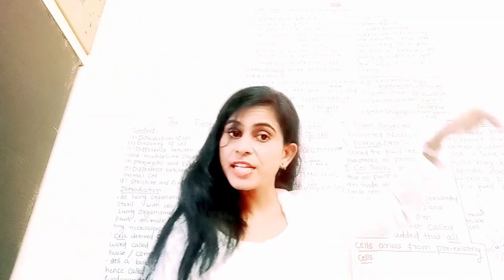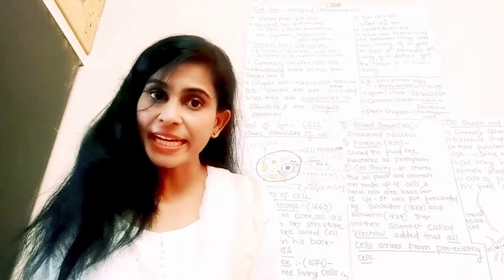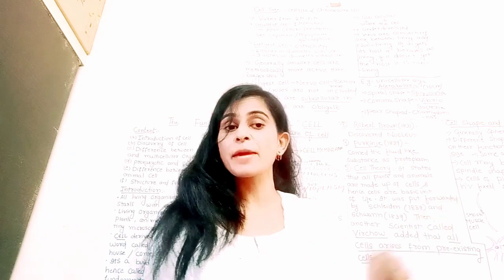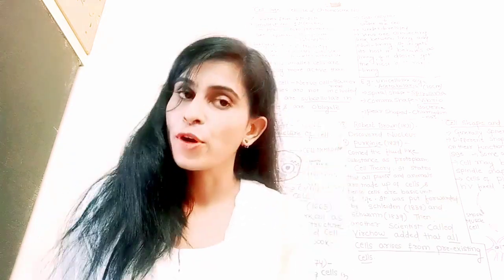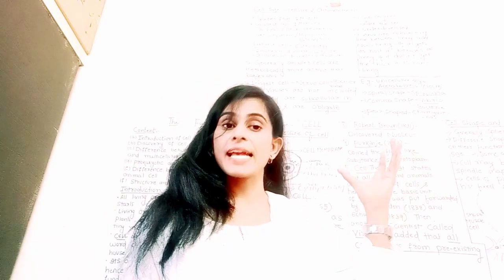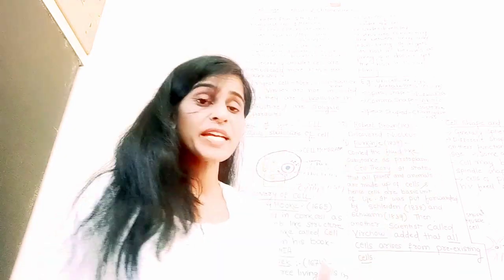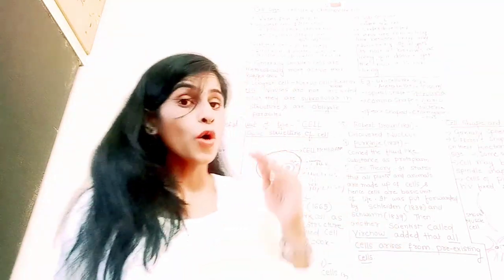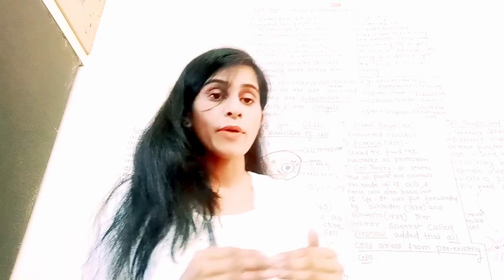Comma shaped cells are present in Vibrio bacteria, and pear shaped cells are present in Chlamydomonas, guys. So, unicellular algae Acetabularia is 10 centimeter, Spirulina has spiral shaped cells, and pear shaped is Chlamydomonas.